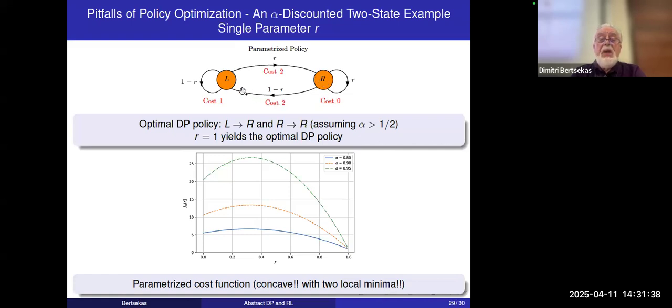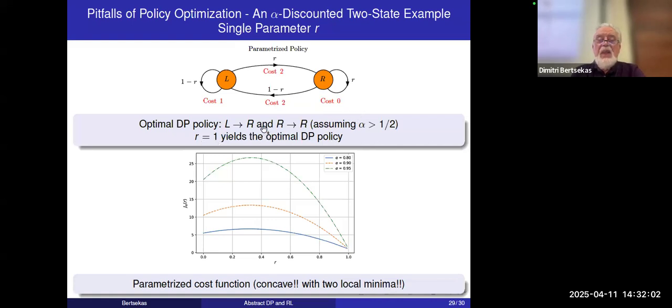And the cost for moving from left to right is 2, moving from right to left is 2, staying here is 1, and staying here is 0. So the optimal policy is to try to get to the right state, which has 0 cost, and just stay there, okay?